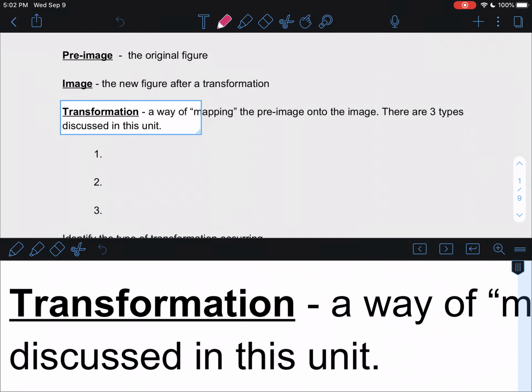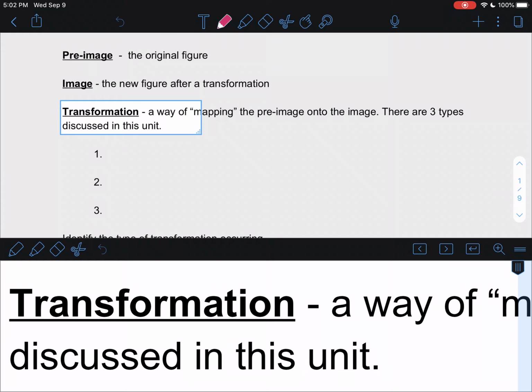And a transformation is a way of mapping, and we use the word mapping to define a transformation. So if we say something transformed, we say it mapped onto something. So it is a way of mapping the pre-image onto the image.